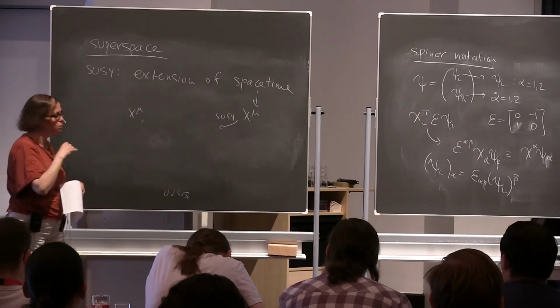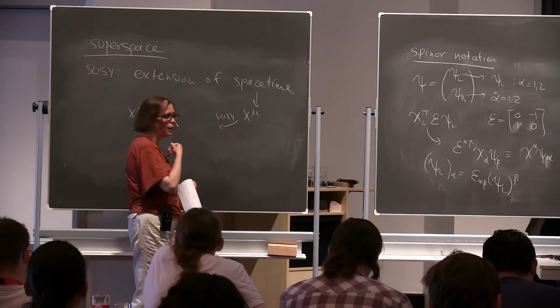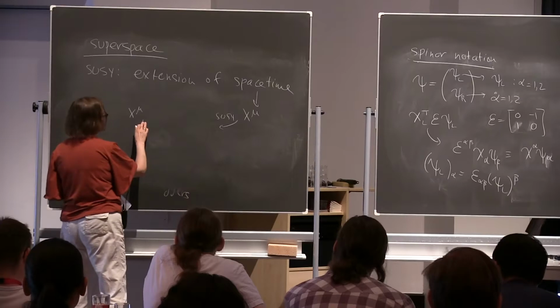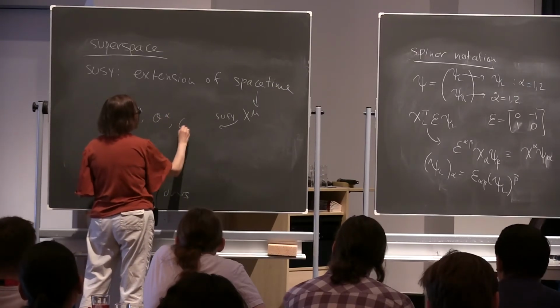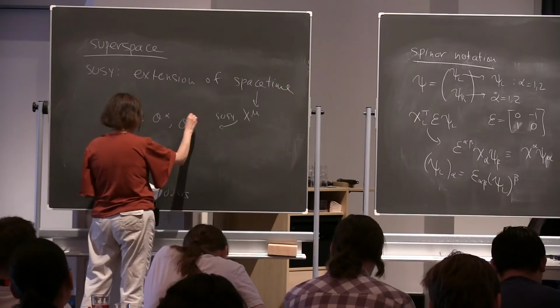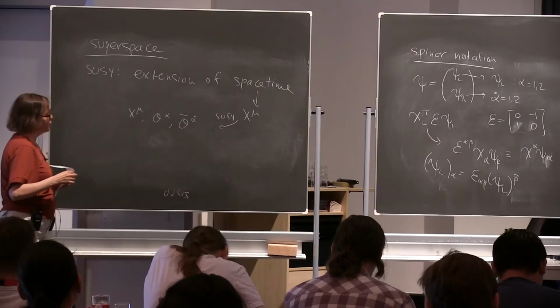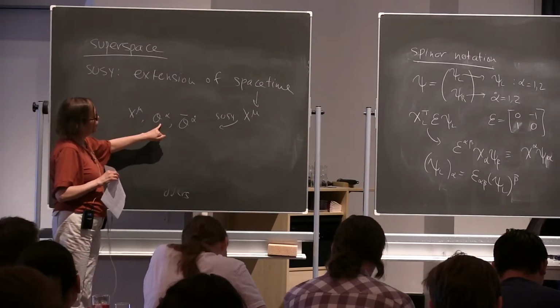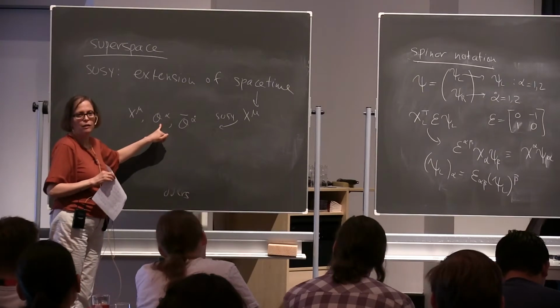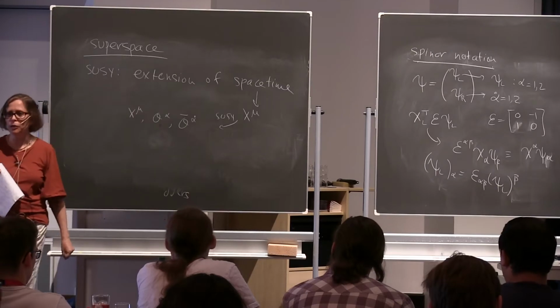These coordinates need to be anti-commuting coordinates because the SUSY transformations are anti-commuting, they're Grassmannian things. So we add to that also theta alpha and theta bar alpha dot. So we add two sort of new coordinates, which are Grassmannian coordinates. And alpha and alpha dot take the values 1 and 2.